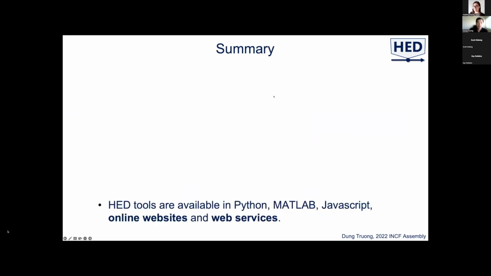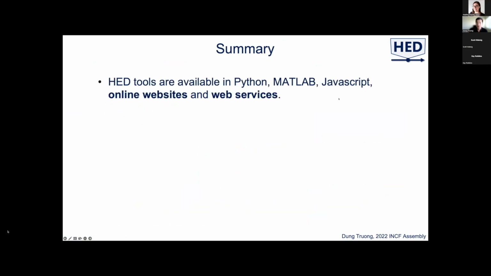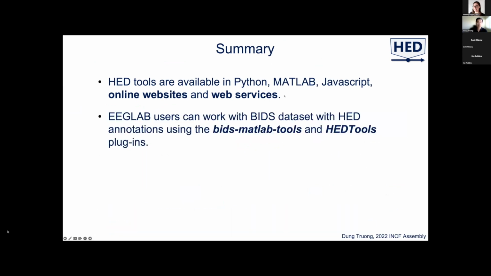So in summary, I showed you that we have a cohort of tools made available in Python, MATLAB, JavaScript, as an online website, and also as web services for other tools to leverage. EEGLAB users can work with datasets having HED annotation using the HED MATLAB tools plugin and the HEDTools plugin.